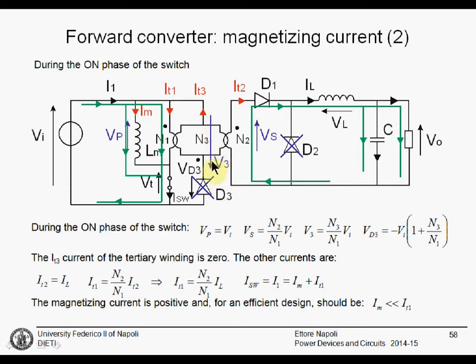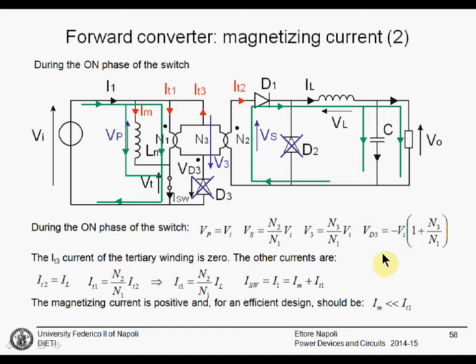Once we know the tertiary winding voltage, that is V3, we can calculate the voltage drop on the diode D3. This can be calculated as the sum of Vi plus V3, this is VD3, and minus Vi minus V3, and this is equal to minus Vi multiplied by 1 plus N3 divided by N1. The absolute value is important because it is larger than the input supply voltage.